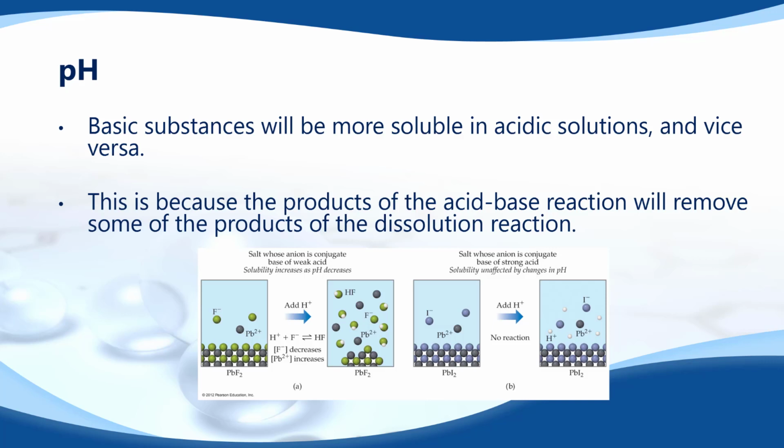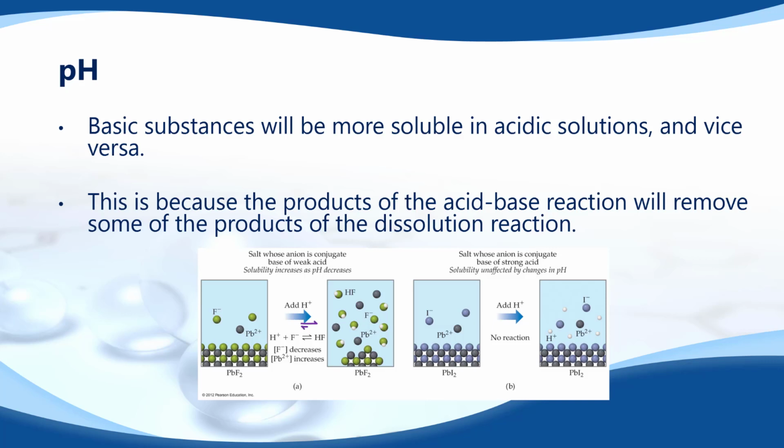So H plus and F minus, if I actually did this equilibrium arrow justice, would look a lot more like this, where it is very, very, very product favored in this reaction. Right? So if we add acid, we pull a lot of fluoride out of the solution. Since we are decreasing the concentration of one of the products, the reaction is going to shift to produce more product, meaning our salt will become more soluble.